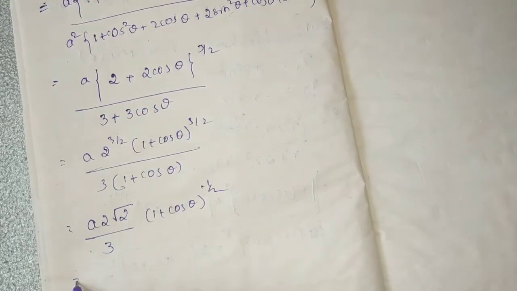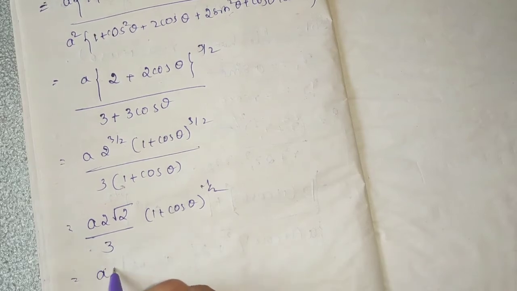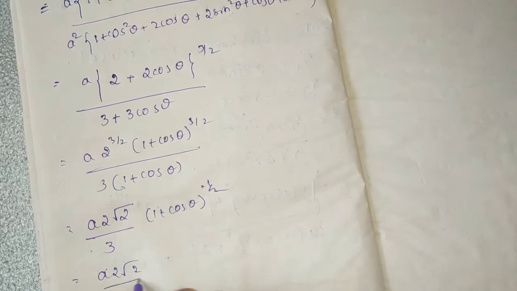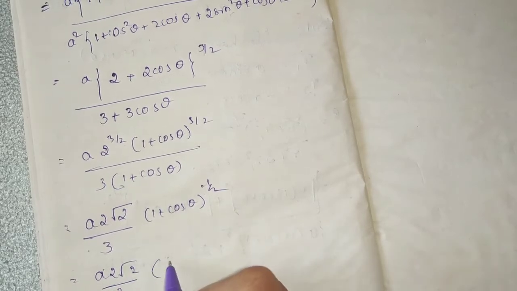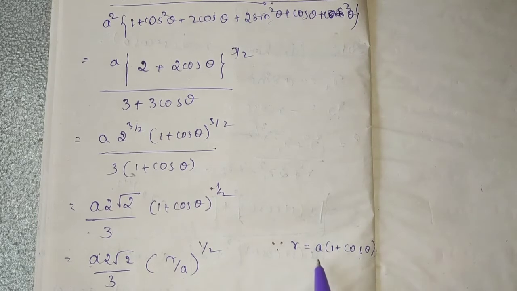Now this can be written as a into 2 root 2 by 3 into 1 plus cos theta raised to 1 by 2, and 1 plus cos theta is r by a, because we know that r equal to a into 1 plus cos theta, which implies 1 plus cos theta equal to r by a.